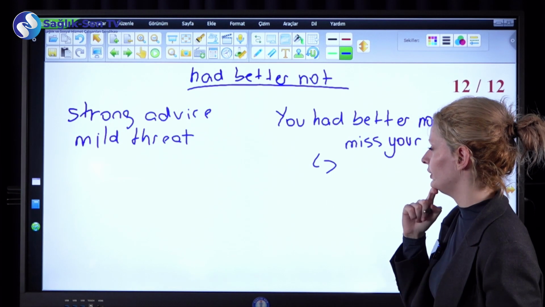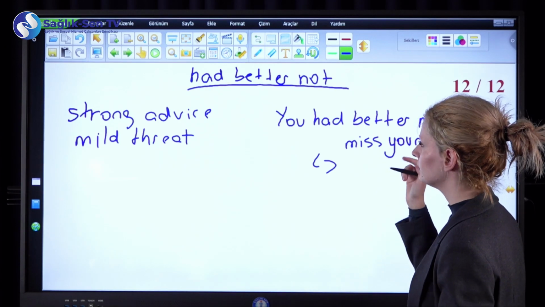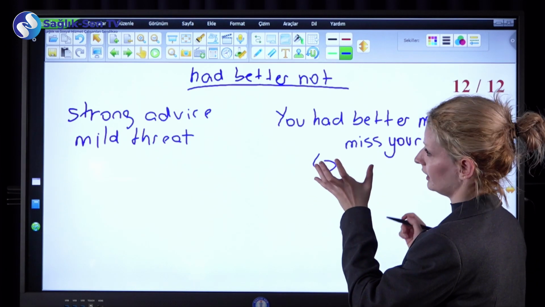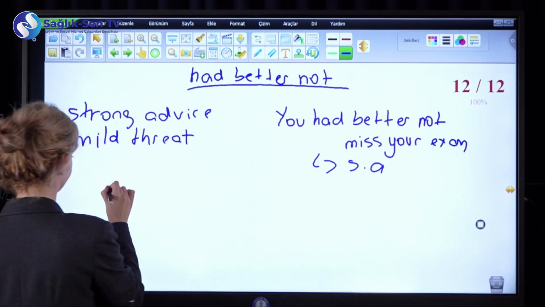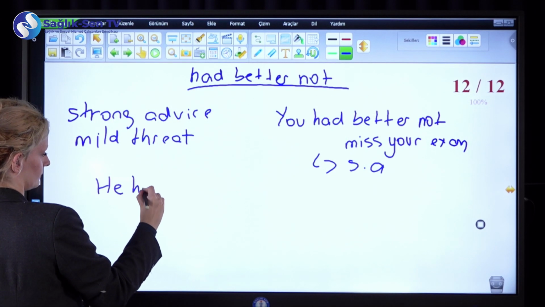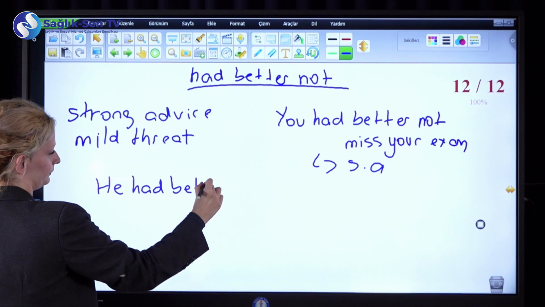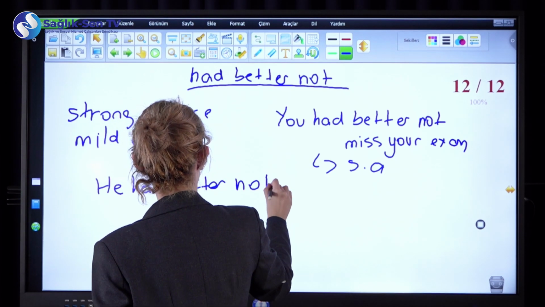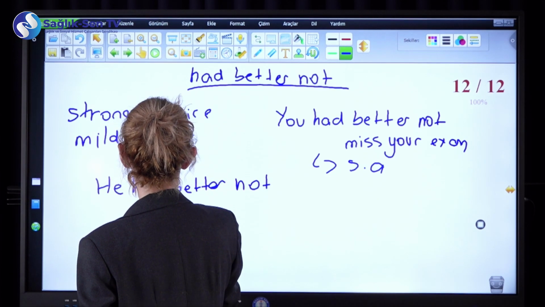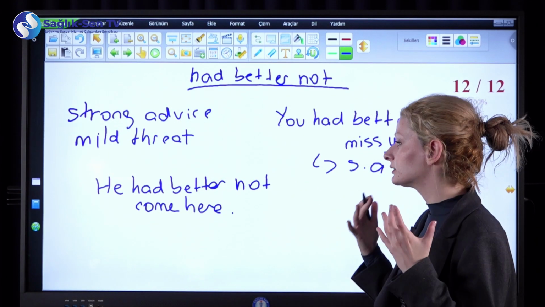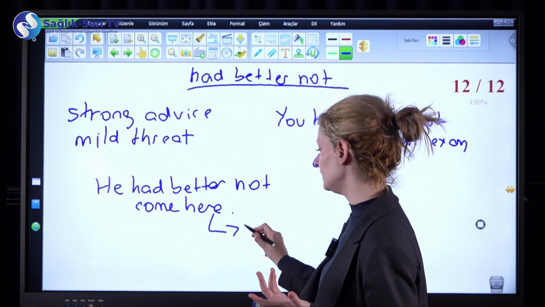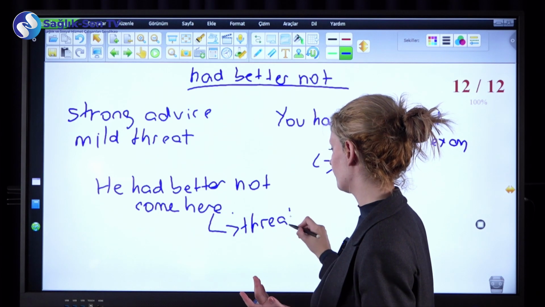What do we have here? When you look at the meaning, you can see that this is a strong advice. But in this one, it represents the meaning of threat.